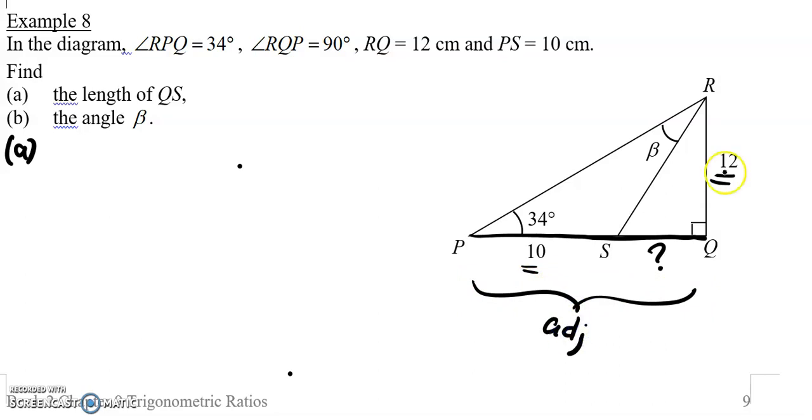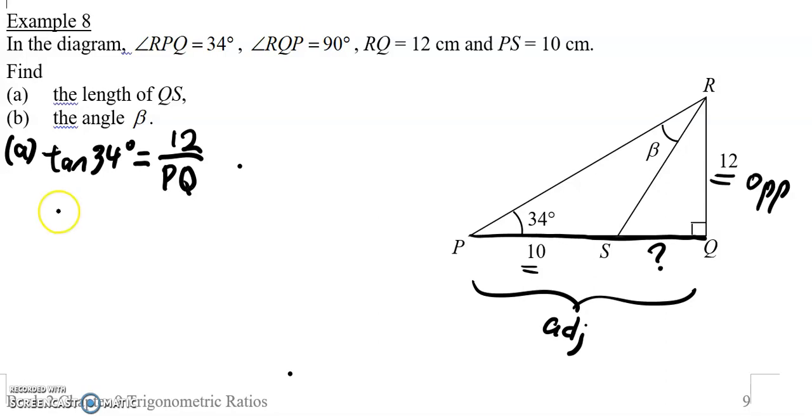And 12 is actually the opposite of angle 34 degrees. So as a result, if I have O and I have A, so yes, we should be using tangent 34 degrees is equivalent to opposite over adjacent, which is 12 over PQ.